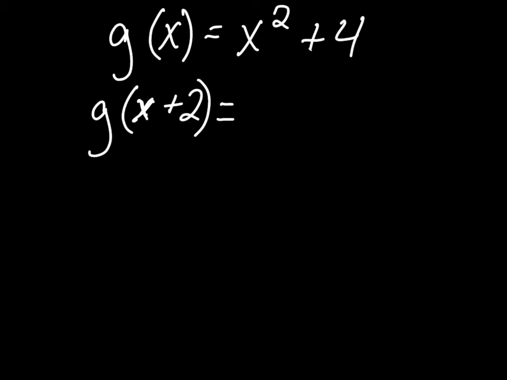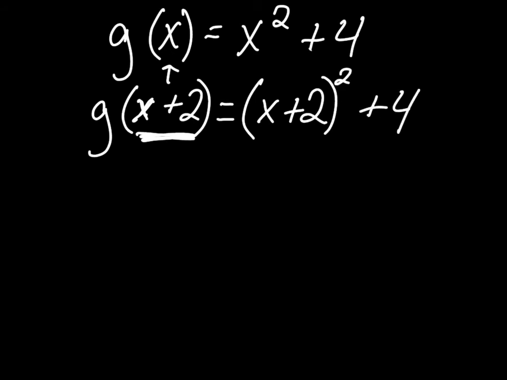Okay, so all you're doing again is plugging in this value for x. So every time you see an x, you're going to put x plus 2. If there was an x at the end, we would again put the x plus 2 right there, but since there's not, that's all we've got to do.